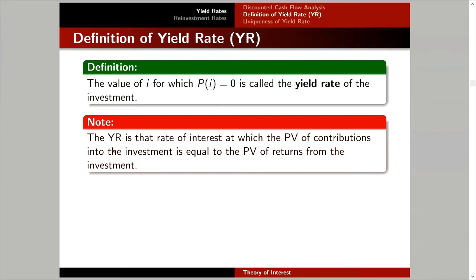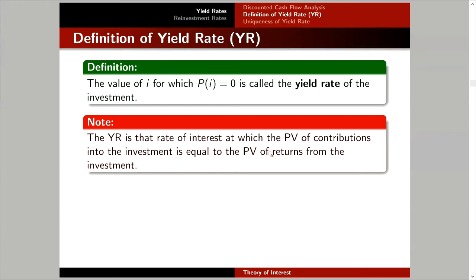Also this. The yield rate is that rate of interest at which the present value of contributions into the investment is equal to the present value of returns or withdrawals from the investment. So kung titingnan ninyo, ito yung equation of value natin. Do you still recall kung ano yung equation of value?